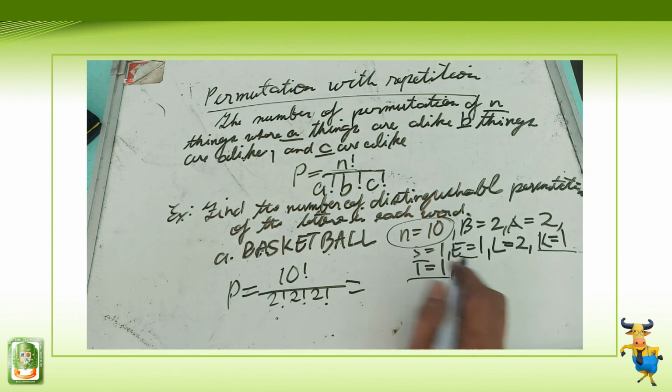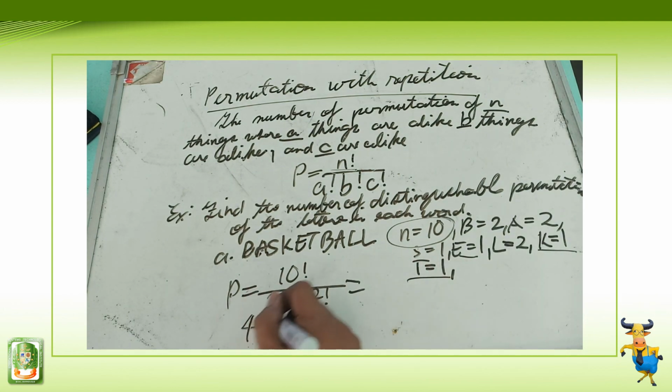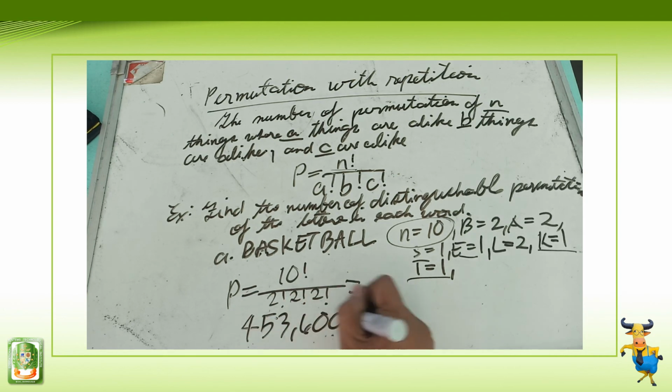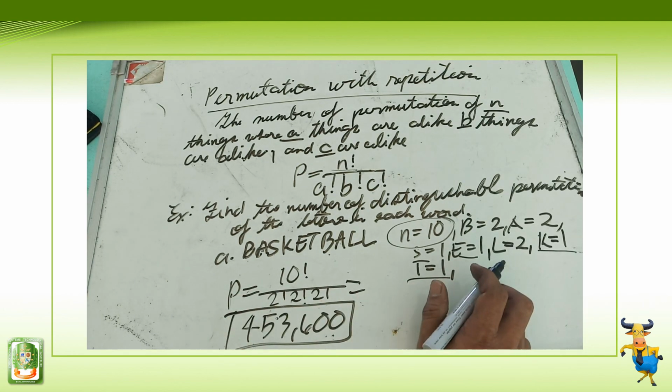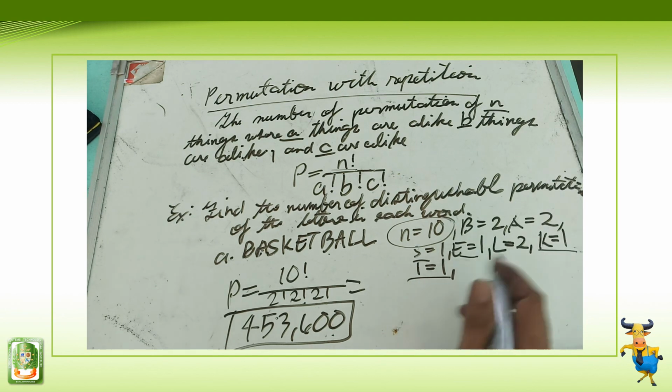So, it is equal to what? 453,600. So, that's it. So, this is the total number of permutations with repetition of a letter. Okay? So, thank you.